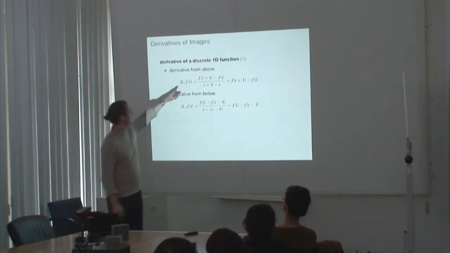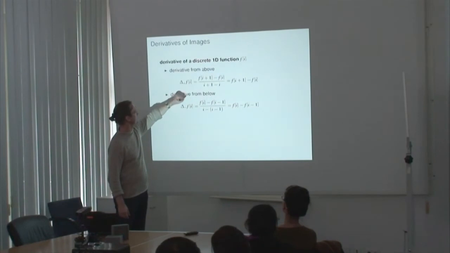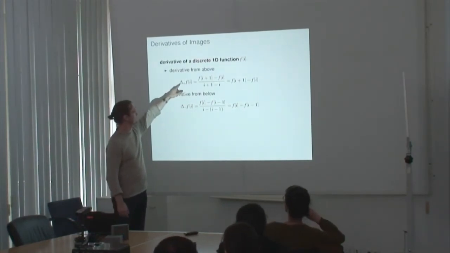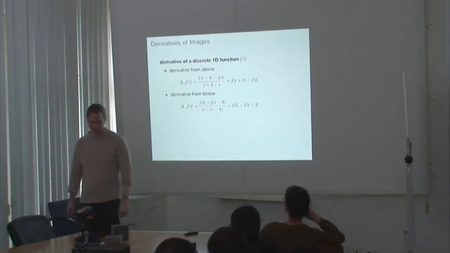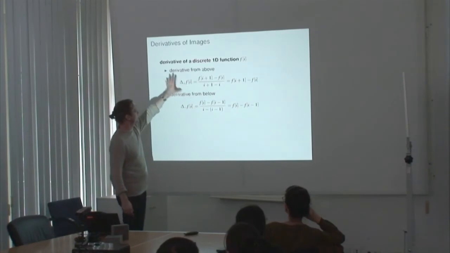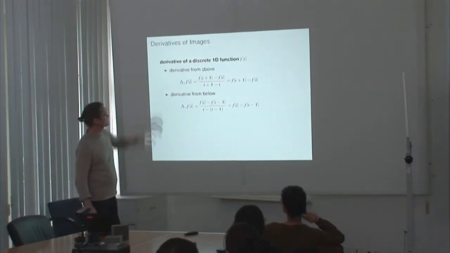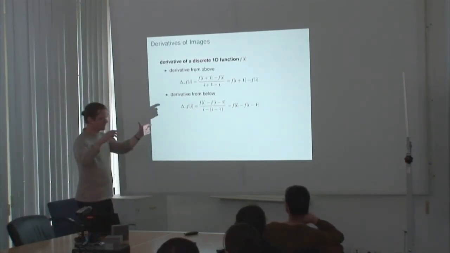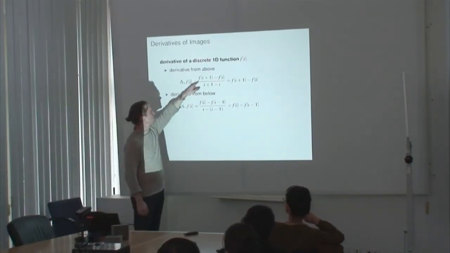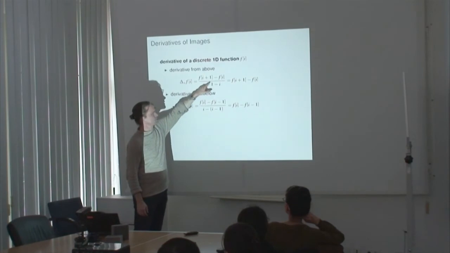So we could consider the derivative from above of this function. I'll write it down as delta plus. And this is a very unfortunate choice. The name delta you'll see later on, but let's ignore it. Delta plus, say, the derivative of this discrete function from above. Well, if we repeat what we just did, we would say, okay, this is f at I plus 1.